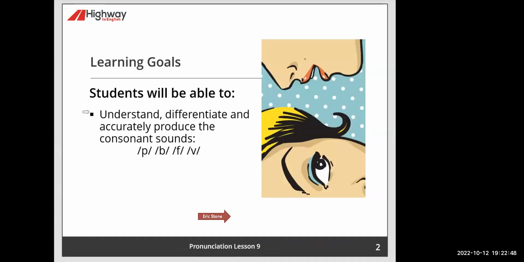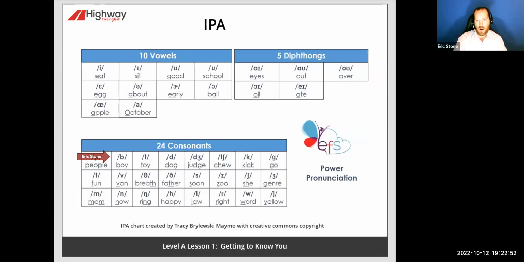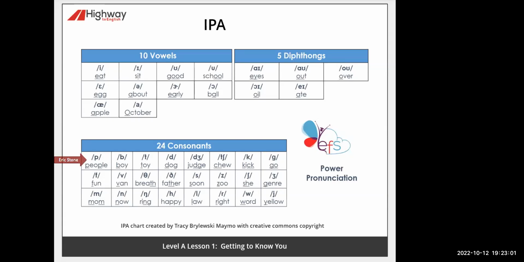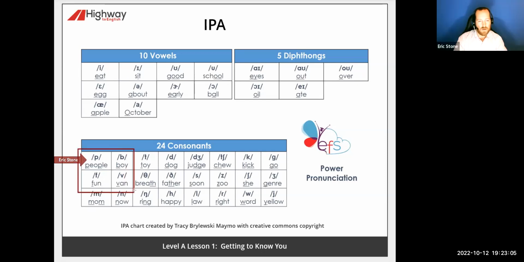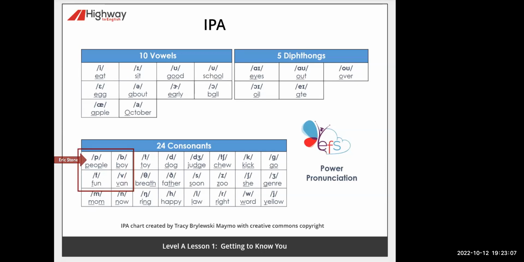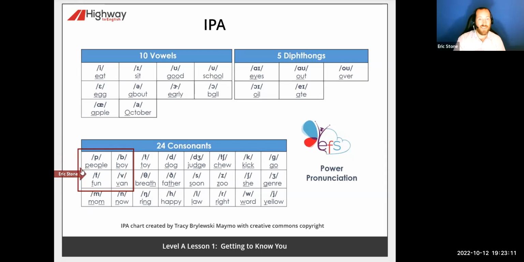Here they are on the IPA, down here at the bottom. There's P as in people, then B as in boy. This one is fun, sun. Yeah, there you go.